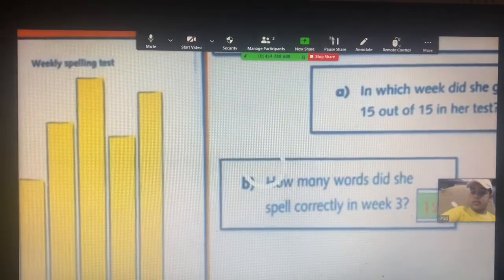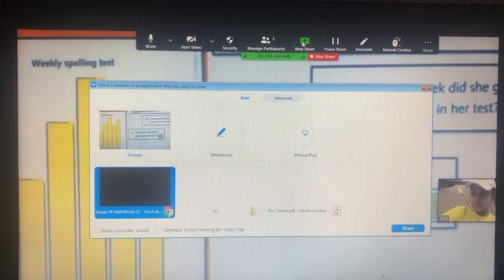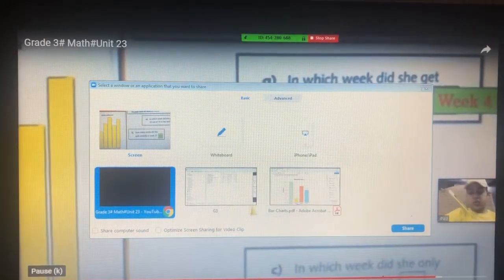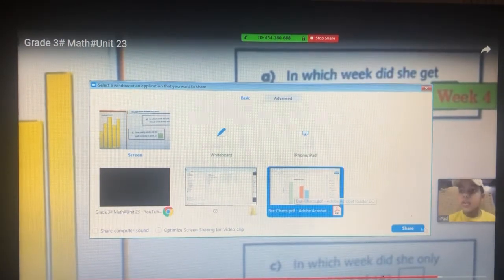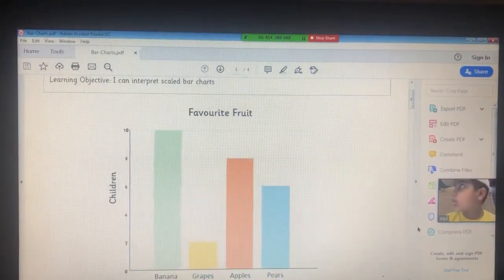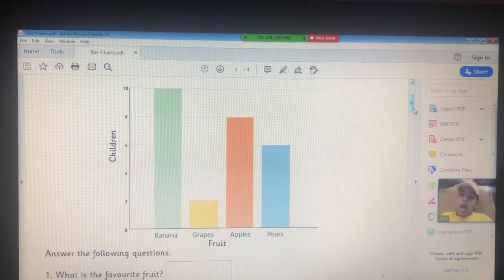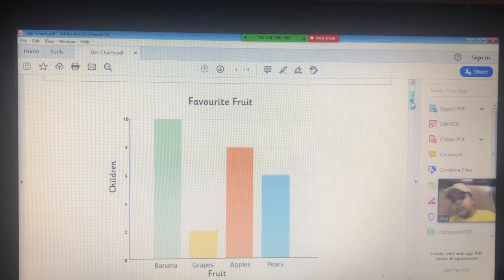Okay, I have here one worksheet that's really good and it's going to help us to practice. Here, can you see the screen, sweetie? Yes. Okay. This screen shows which type of tools that we use to collect data.